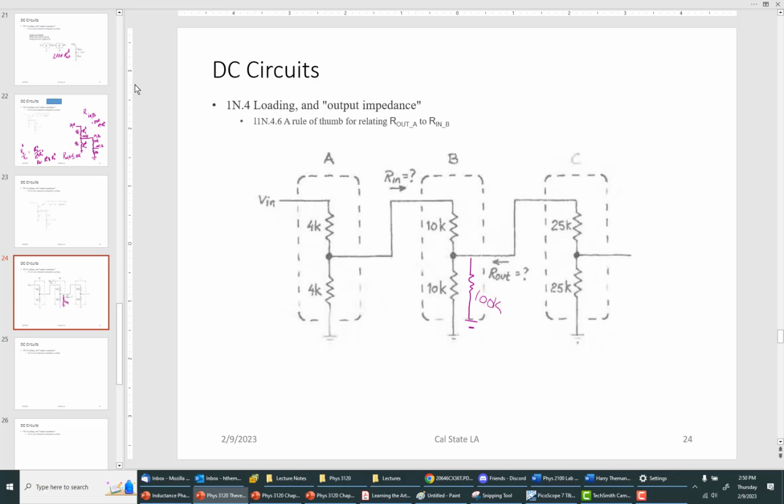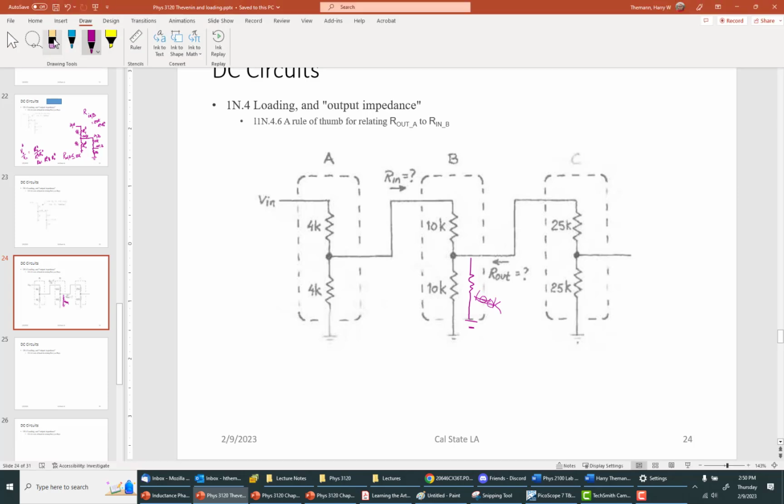If this now is 100K, and in fact, what is it that we wanted? This is going to be 5K. So then this has to be, if this was 50K. Now let's leave it at 100K for now, just because it's more obvious.